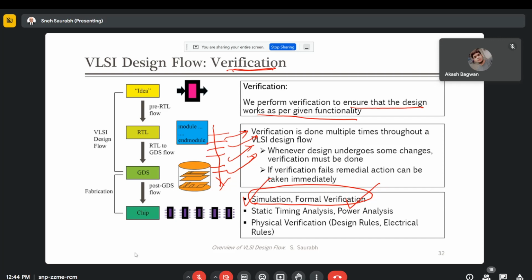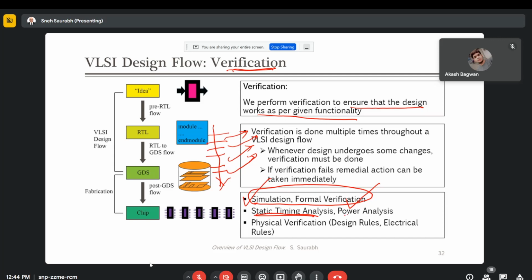Formal verification is a type of verification in which we use mathematical properties and deductions to verify the properties more rigorously than simulation. Then we also carry out timing analysis to ensure that our synchronous circuit behaves properly as a synchronous circuit or not. We use a technique known as static timing analysis for it, right?